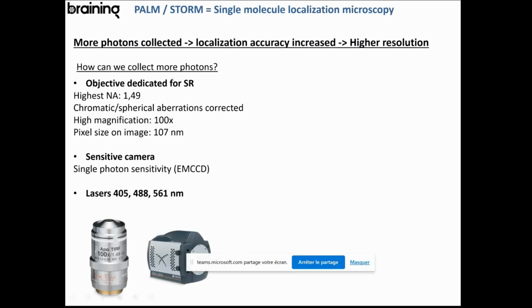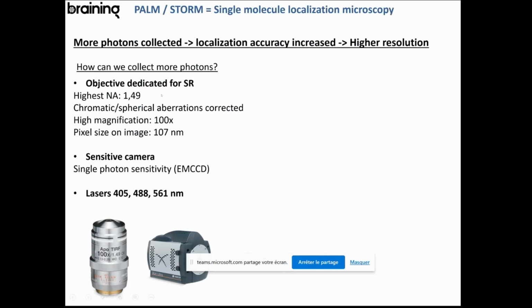And we also use a very good objective, and this time we use an objective that is really dedicated for super resolution. Most of the time it's a 100x objective with the highest numerical aperture, so the highest opening of the lens, so you can collect a maximum of photons, and we use a 1.49 numerical aperture.